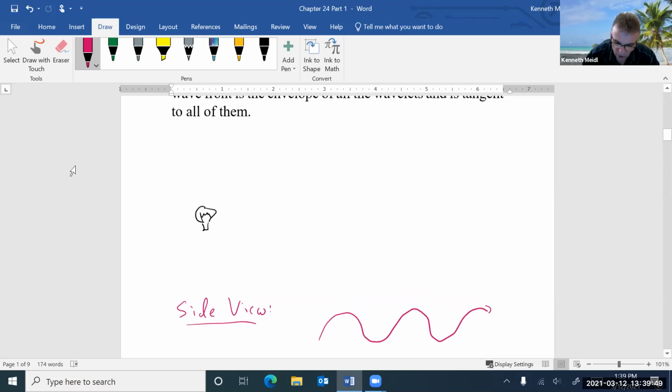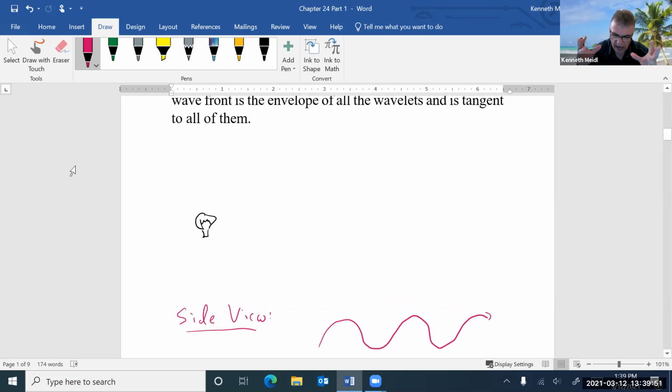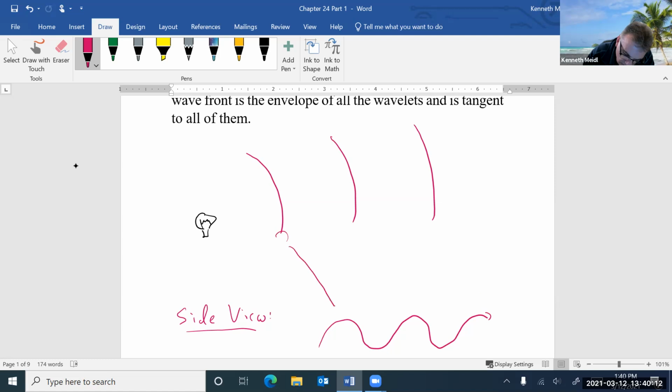Now, if you turn on a light bulb, these waves really move away from this light bulb, and it's pretty common to start seeing some sort of picture like that. Okay. And this right here is the top of that wave.